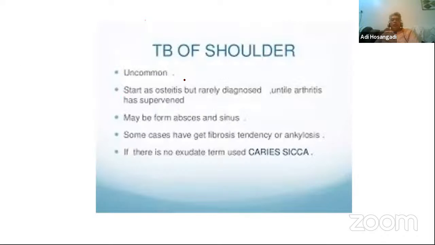Nothing much. Just a few slides on tubercular shoulder, elbow, and hand. Not many questions have been asked in the past, but maybe in future they can ask. Tuberculosis of the shoulder is very less common. Remember this, less common. It starts as osteitis.